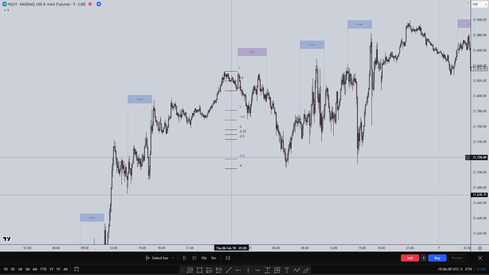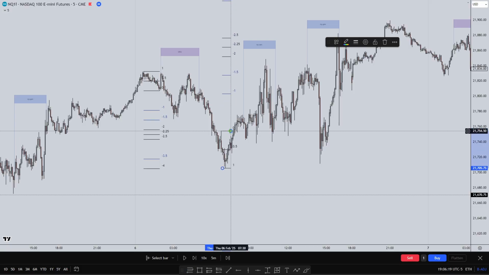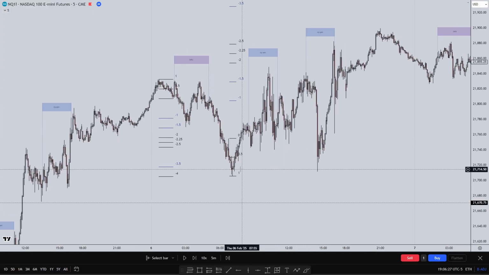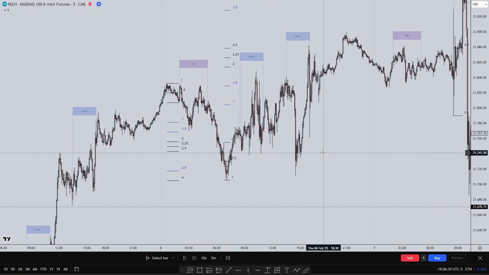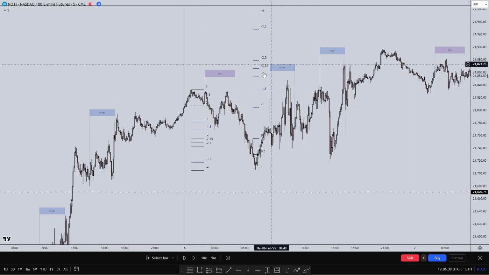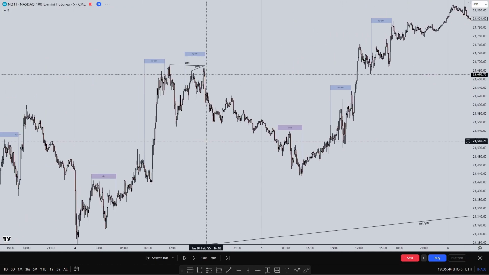Which was, we ran this max expansion, and then got, right, max expansion break that started our move up. And then it was sloppy since it was the day before NFP, but you did end up getting that delivery to our -2 area, even though it was sloppy.